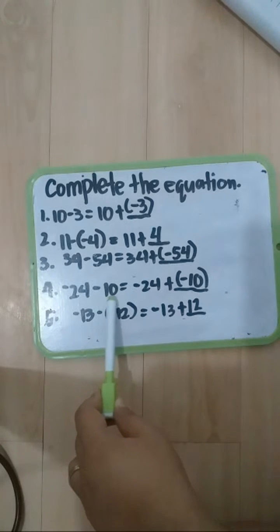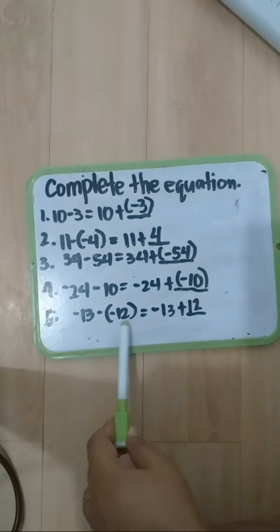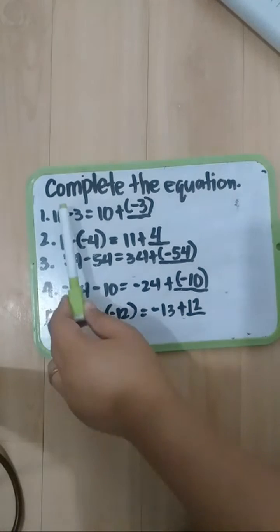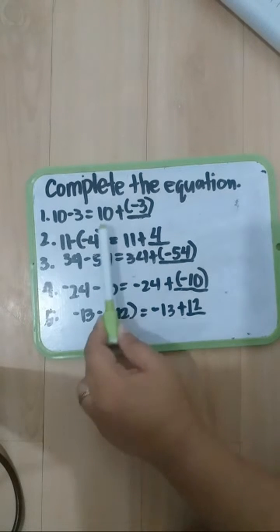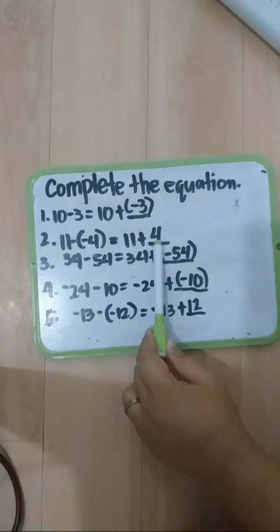Ginawa nating negative. Yung number 5, negative dito, ginawa nating positive 12. Ulitin ko ha, positive yung 3 dito, ginawa nating negative. Negative yung 4, ginawa nating positive 4.